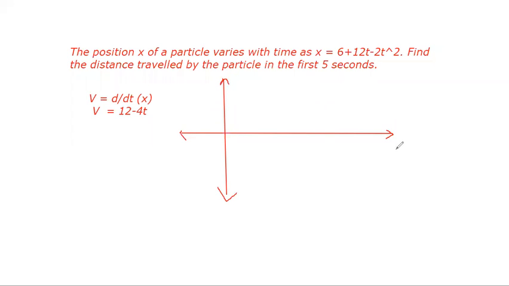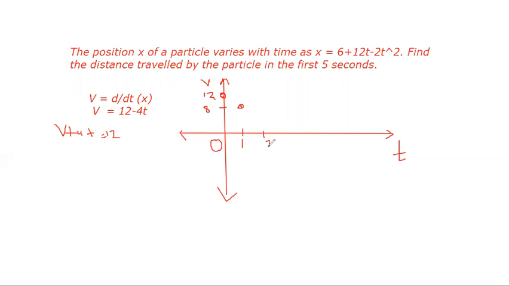So if this is time and this is velocity, the equation is v = 12 - 4t. At t = 0, the velocity is 12. At t = 1, the velocity is 8.